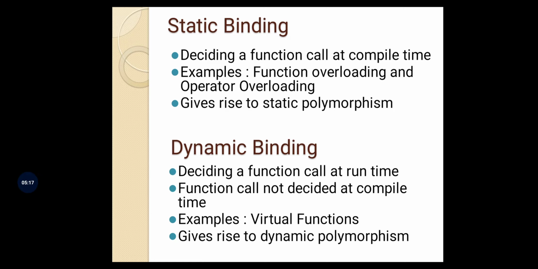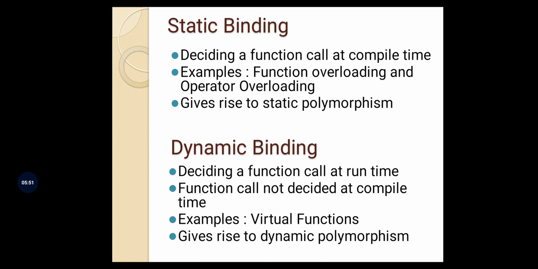We have already done a lot of examples of function overloading, and recently we've also studied operator overloading. Function overloading and operator overloading are examples of static binding. Static binding gives rise to polymorphism, but of a different kind. It is called static polymorphism. When we talk about polymorphism in object-oriented programming, our focus is not on static binding, but on dynamic binding, which gives rise to dynamic polymorphism.